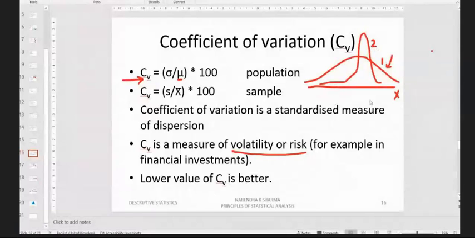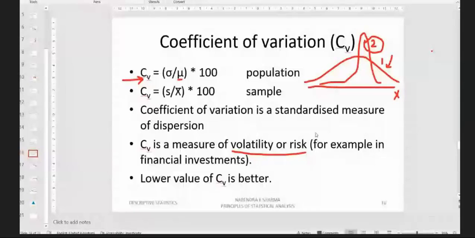Therefore, group 1 will show a flatter distribution and a larger value of CV because sigma is higher. Group 2 will show a smaller value of CV, and therefore it is a more stable group. So stability or volatility can be understood, and CV is to be understood in that way.